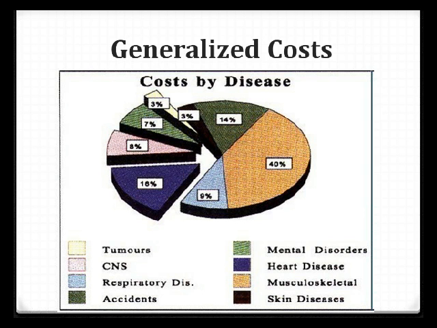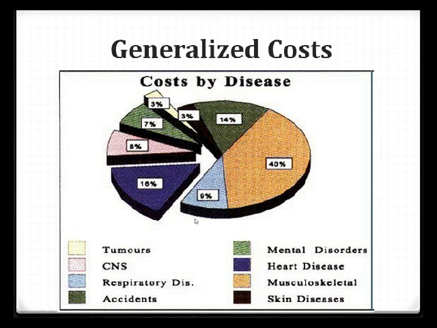So when we look at generalized costs with respect to diseases, and I've kind of picked and placed this from a number of different pieces, if we look at just our musculoskeletal, that's a huge chunk of what we think about when we think about work-related injuries. Depending on the numbers you look at, it could be 40 to 60% of all of our costs.